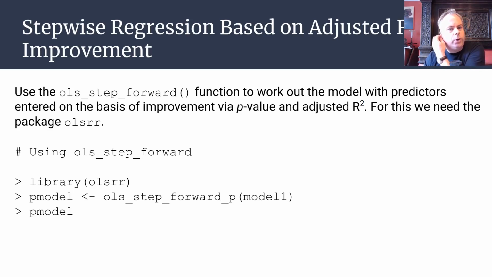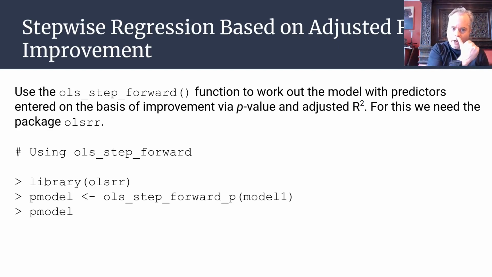So in addition to regression models based on AIC, improvement to AIC, minimizing AIC, we can also build models on the basis of improving our R-squared values. Think of this as an explanatory power type of measure of goodness of our models.